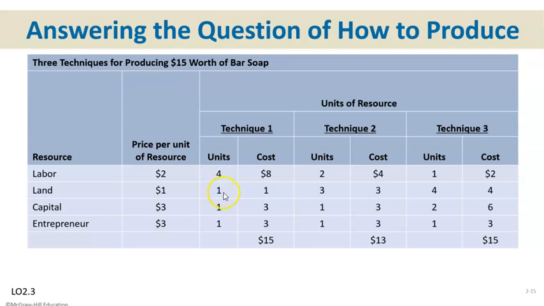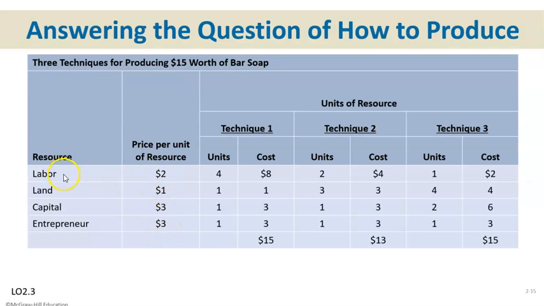So 4 units of labor, 1 land, 1 capital, 1 entrepreneur. Notice the second technique is a little bit different. So this one uses more land and less labor. And the third technique uses even more land and a little bit more capital as well. You will also be given the price of each of the resources.